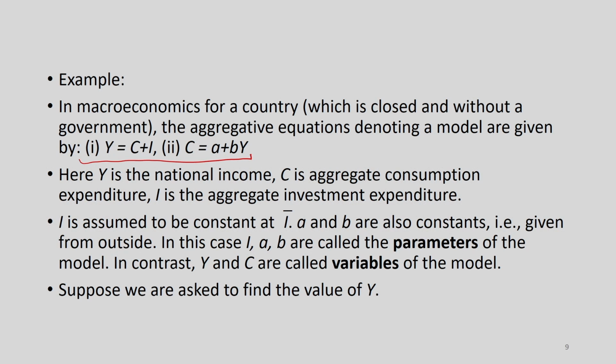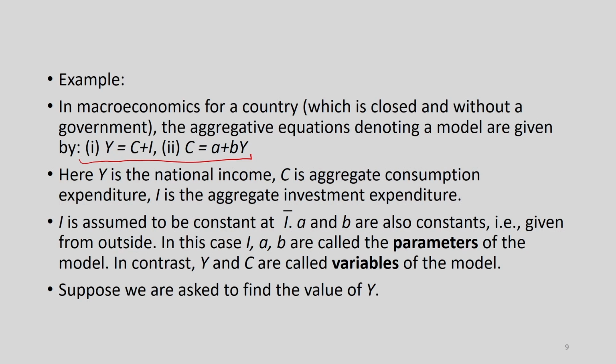In contrast, Y and C are called variables of the model. So, there are some parameters which are given from outside, these are exogenous, and there are some variables which are determined by the model. Here Y and C are determined by the model, these are called variables.